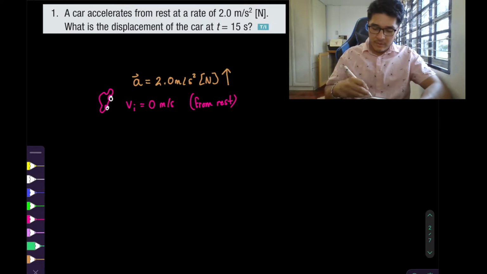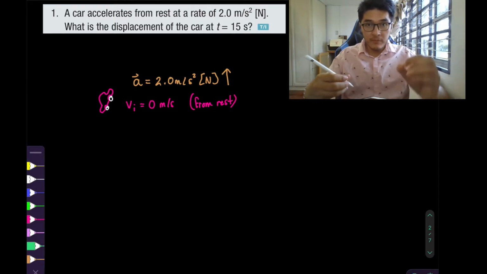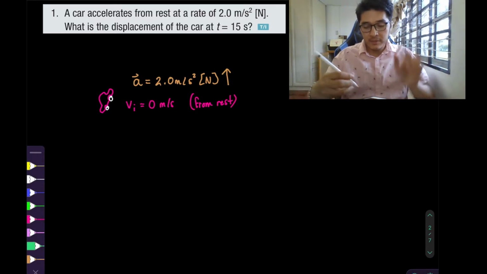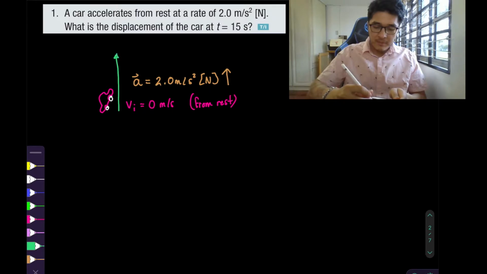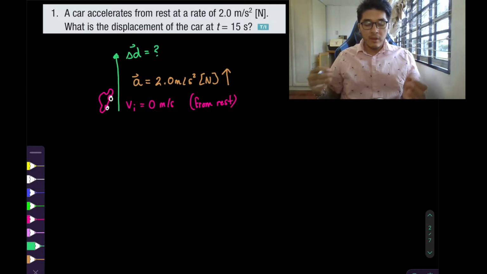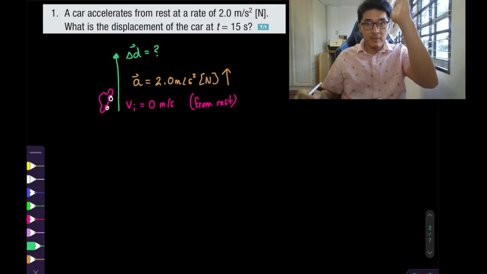And they're asking you, what is the displacement? Well, you're starting from rest, and your acceleration is up, so your displacement is in the upwards direction. Your displacement is your unknown in this case. And because all of these quantities are vector quantities, you should be thinking about the direction as well. So that's why I put the displacement going up.